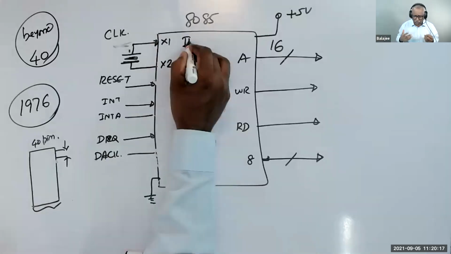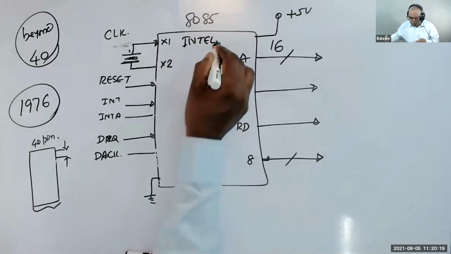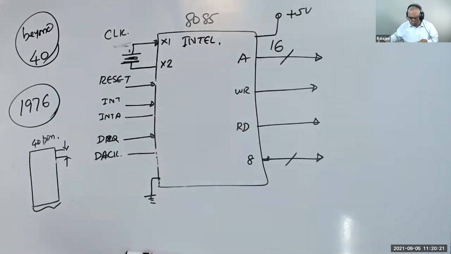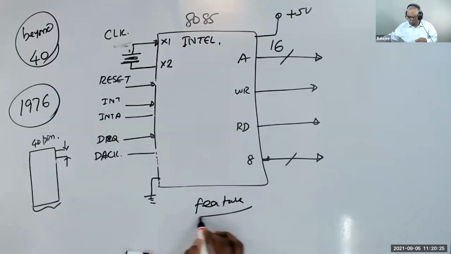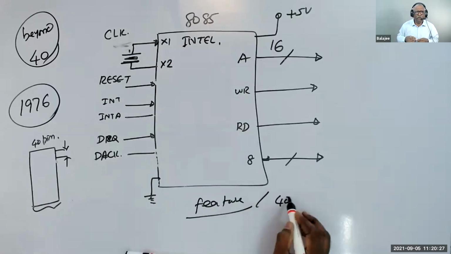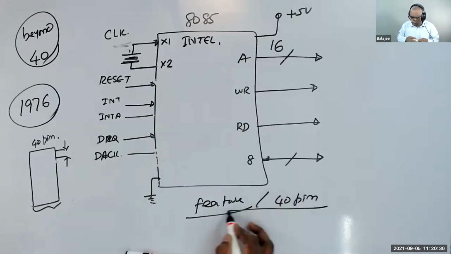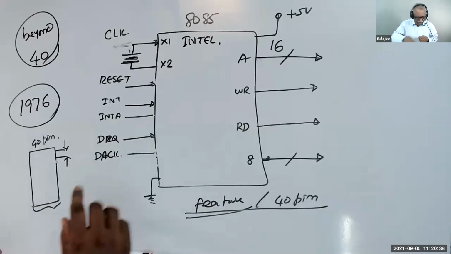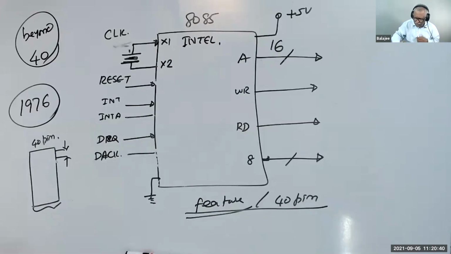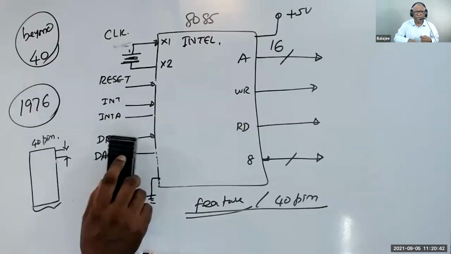So what the 8085 manufacturer Intel thought was, they also had to give these features and keep 40 pins. They didn't have any other methodology. If they reduced the features, people would not buy it. If we don't use DMA, if we don't use interrupt, you will not buy it.